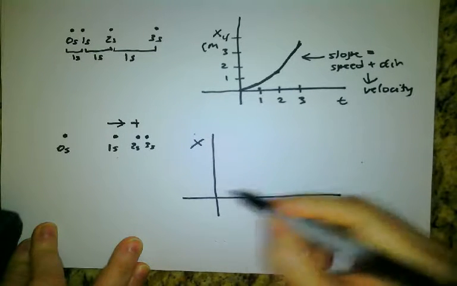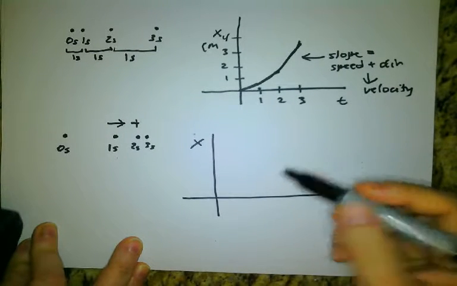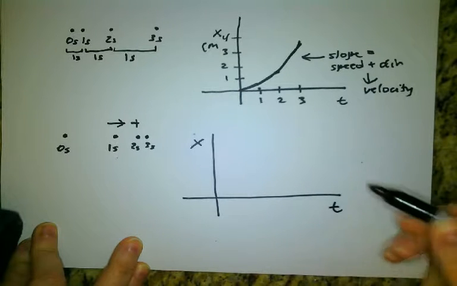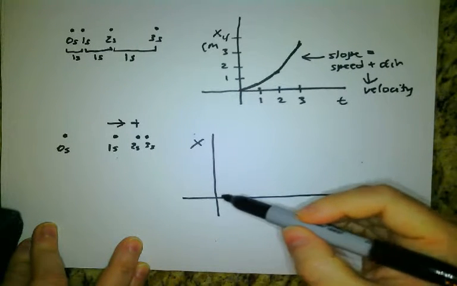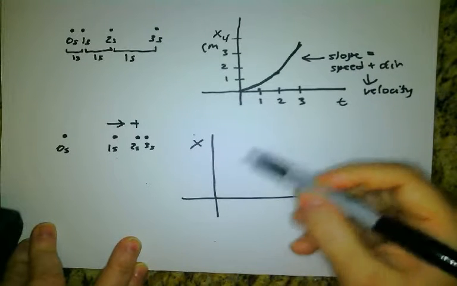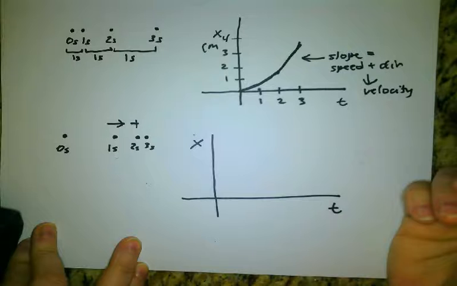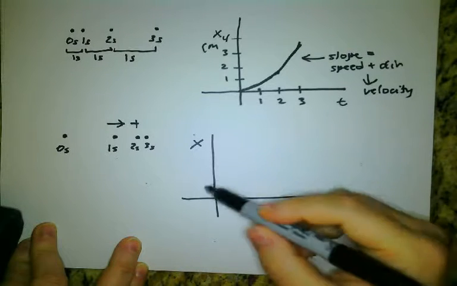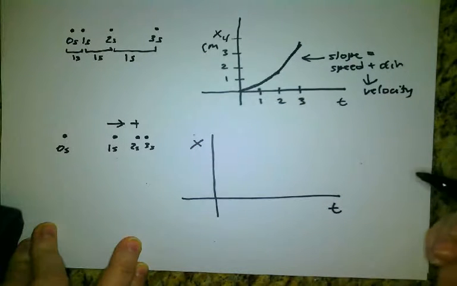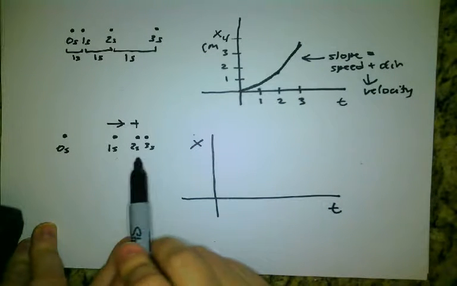So my numbers have to get higher as my graph changes with time. So in this case, I know some students like to say the graph is going up. Yeah, it's going up, but what that means is that the position numbers are increasing. It doesn't have to be positive or negative. It just has to, yes, it has to go up in this case. So what does that mean?